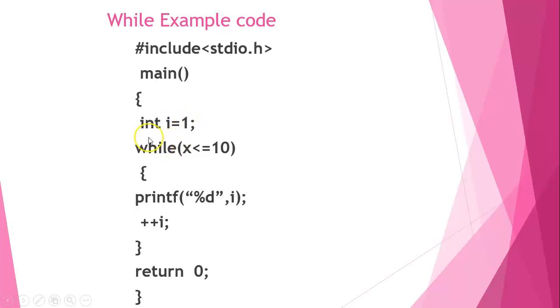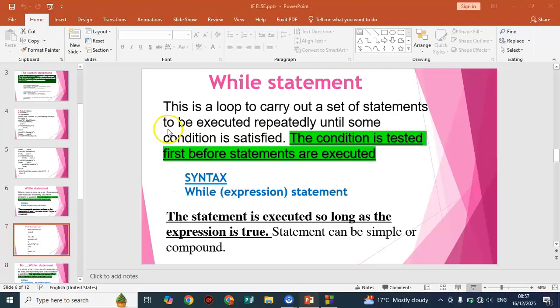Then we are now saying while x is less than or equal to 10. There is a problem here that we need to look at. Where is this x coming from? It is not declared. So we need to change this one.